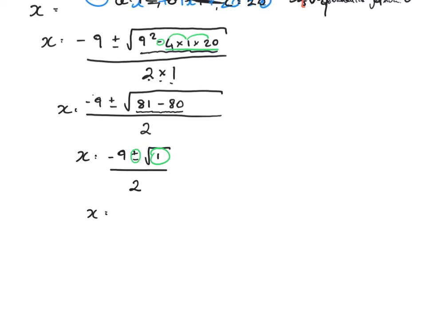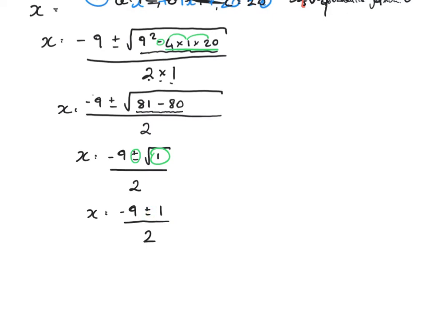So that would be minus 9 plus or minus the square root of 1, which is 1, all divided by 2. Now this is going to split up into 2 separate pieces of work. Minus 9 plus 1 over 2, or minus 9 minus 1 over 2.